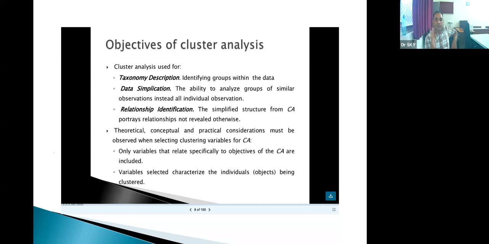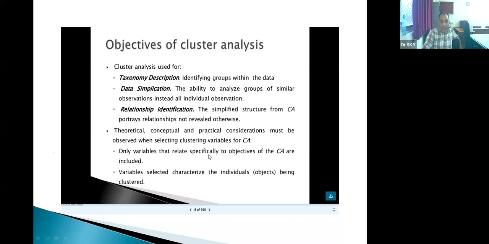So we have to keep in mind all aspects which can affect the classification or clustering. We should take care of all the variables which impact the results, and they must be included in the analysis. And definitely if there are some patterns or practical considerations, they must be included while making the cluster analysis.